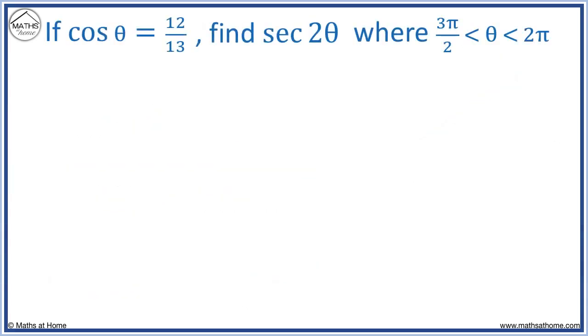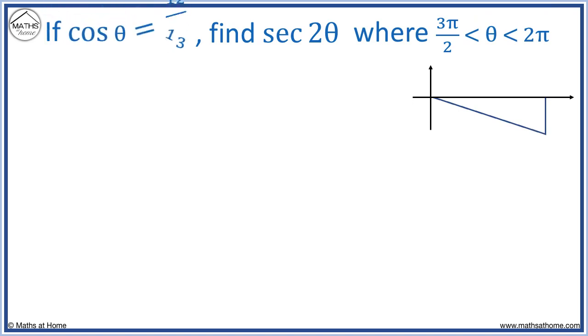If cos theta equals 12/13, find sec 2 theta, where theta is between 3 pi/2 and 2 pi. Angles between 3 pi/2 and 2 pi are in the fourth quadrant.